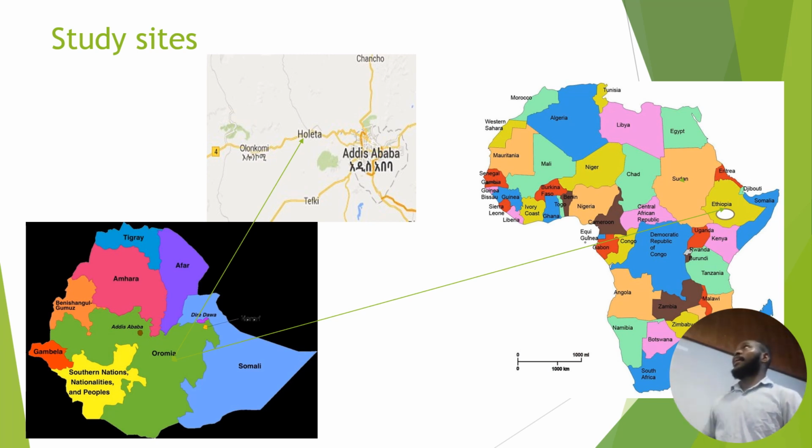The map on the right is showing the African continent, and the one on the bottom is the small map of Ethiopia. The one on the top is showing the particular area where the experimental research was conducted, the study sites.